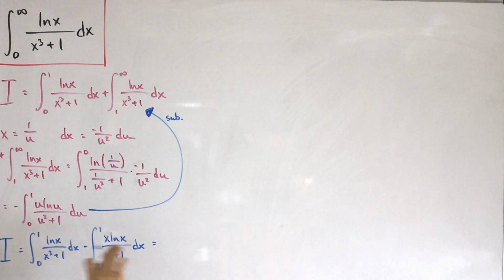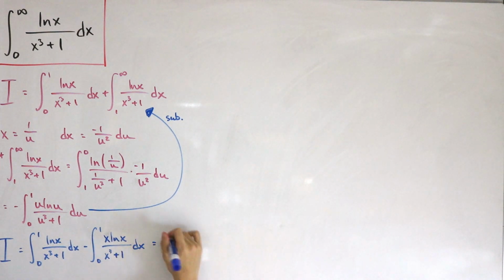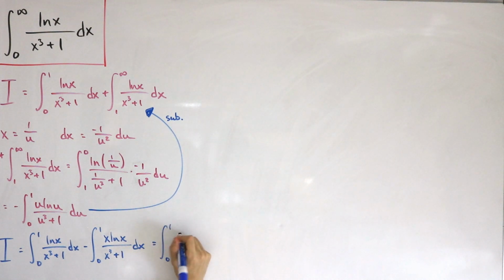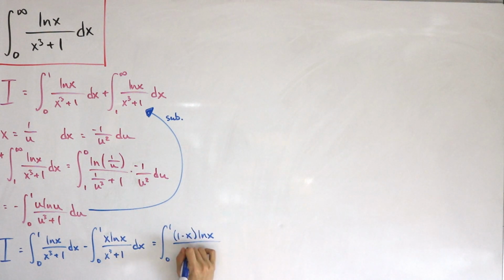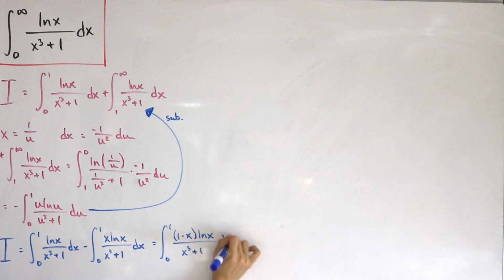To recombine it back together, it's under the same bounds, but let me factor out ln of x. So now our new integral we're dealing with is 0 to 1 of 1 minus x multiplied by ln of x divided by x cubed plus 1, dx.